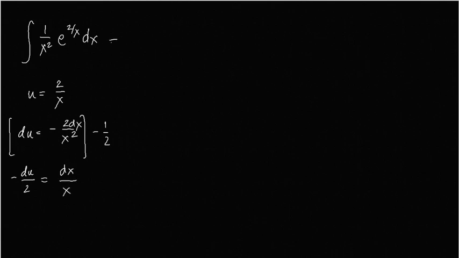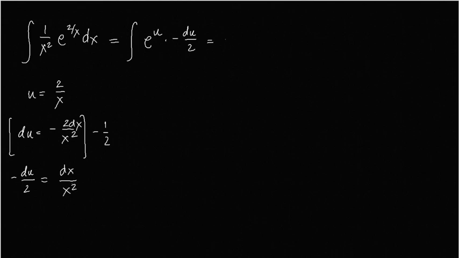So if we substitute it here, we have e raised to 2 over x, which is e raised to u. And then dx over x squared is negative du over 2.